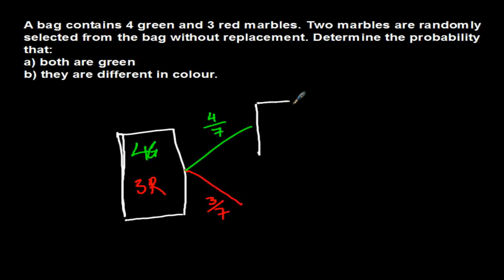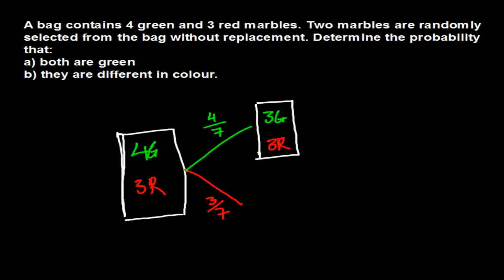So, assuming that we picked a green first, the number of greens will reduce by 1 and remain with 3 green, but the number of reds will not reduce. There will be 3 reds.